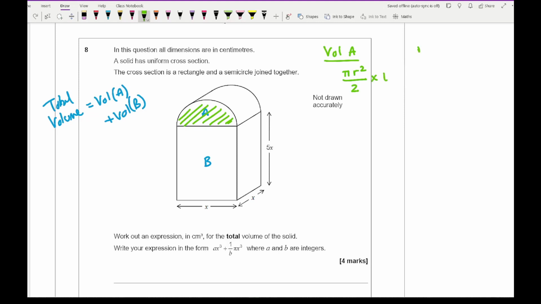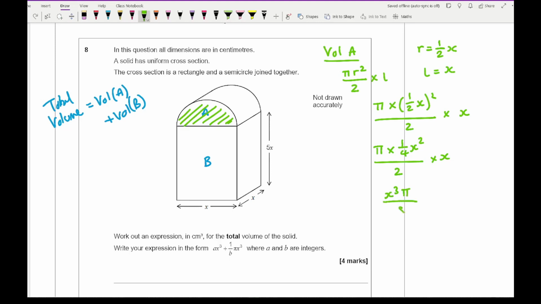Now here I know that the radius is a half x, and I know that the length is x. So substituting those in, I get pi multiplied by half x squared divided by 2 multiplied by x. Simplifying this, I get pi times a quarter x squared, all divided by 2, multiplied by x. So then simplifying this, what I get is x cubed pi, all divided by 8. And that's the volume of A.